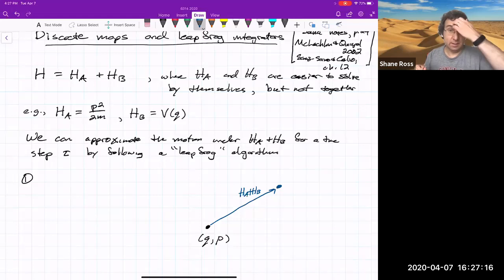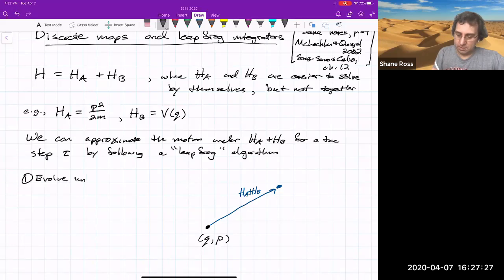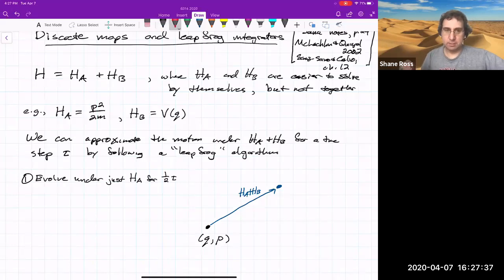Then the first step is you evolve under just HA for half a time step. Let's say evolving under just HA takes you only in one particular direction. So we evolve for half a time step, tau, under HA, and we get here.